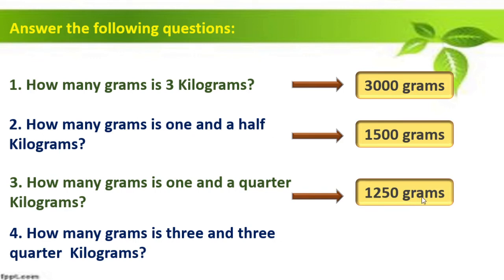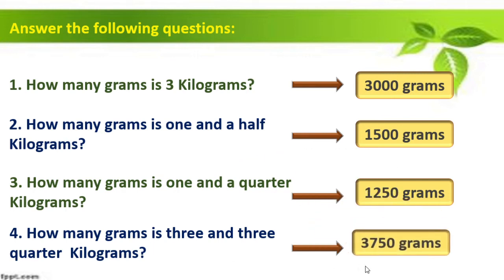Isn't it? Okay. Now here, how many grams is 3 and 3 quarter kilograms? 3, 3000. 3 quarter, half plus quarter. That is, yes, correct. 3750 grams. Isn't it?